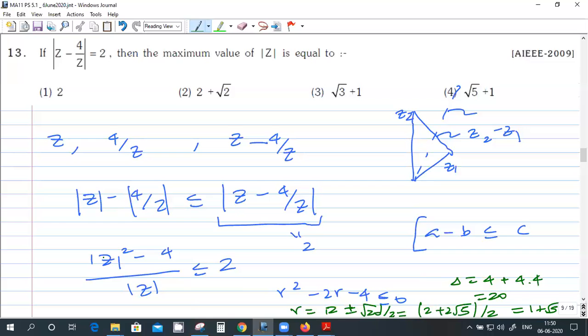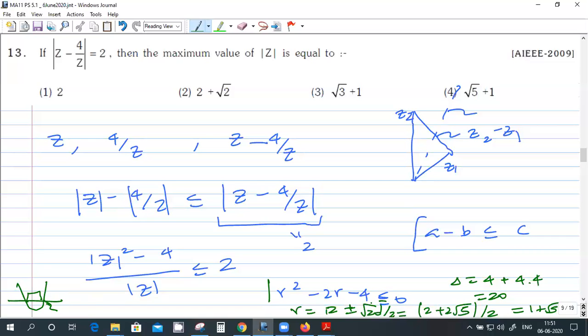Okay, and mod z I'm representing as r. So this is a quadratic in r and it should be less than 0. So it will be like this, right? It's a U shape. So the values it can take are in between the roots, and the maximum value of r for which it is negative is the higher root.